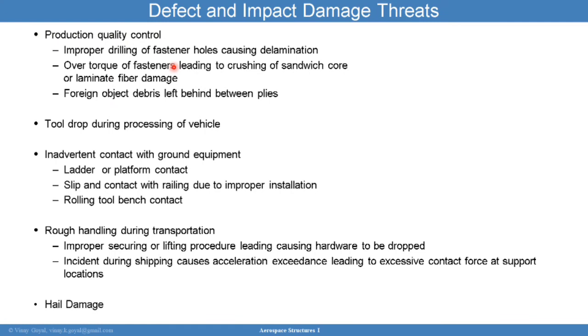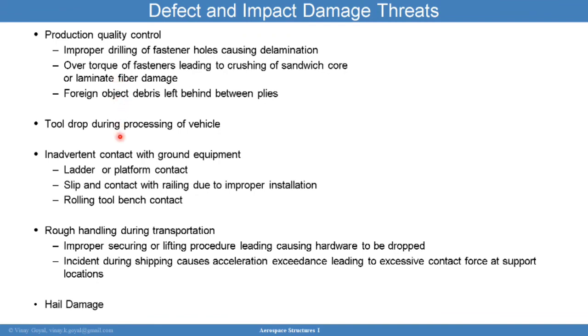You can over-torque the fasteners and cause crushing of the sandwich structure or laminate fiber damage, or foreign object debris left behind. Now, this is not necessarily impact damage, but you could consider drilling and torque as a type of handling damage. Not exactly impact damage, but it is something to keep in mind.